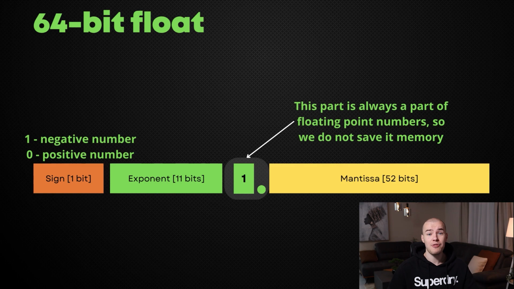And then we have 11 bits for our exponent, and after that we have 52 bits for our mantissa. Or 53 if you want to calculate in that additional bit that we do not save in memory, but yeah, basically it's 52 bits are saved in memory.